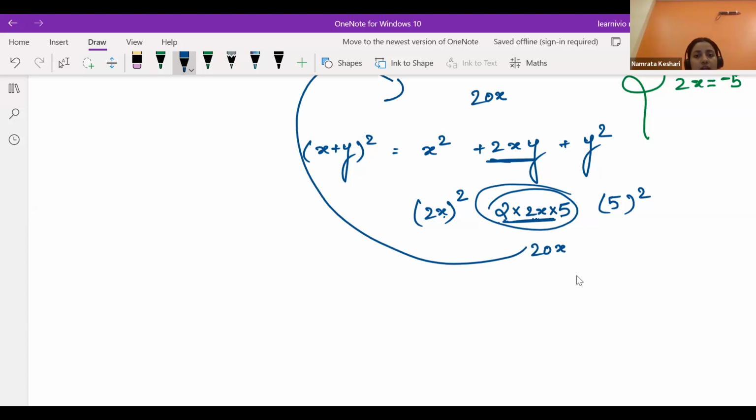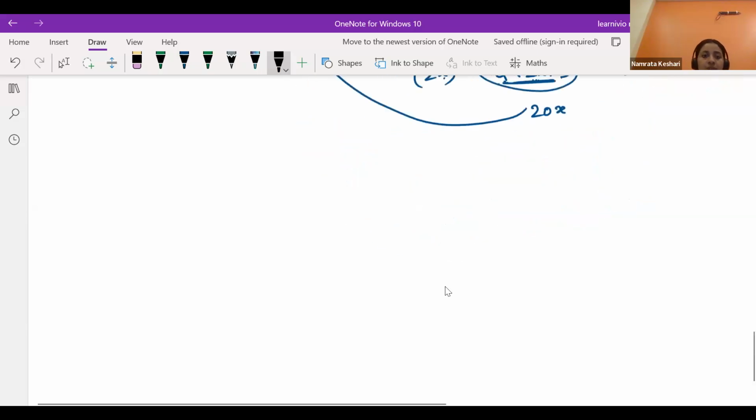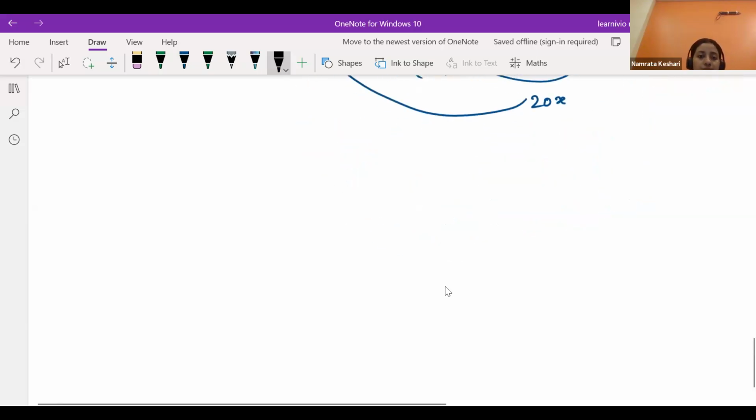Whenever this square type of term you will see anytime, let me make it clear. Suppose if you are having, let me take few examples.